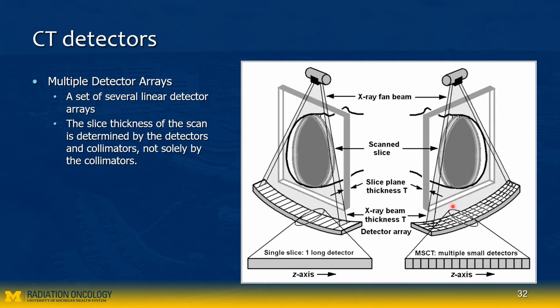So what it means is, say on your left, this is single slice, one long detector. This is actually the patient head. We're scanning the brain here. Then the X-ray source has a fan beam with a certain width. Then this detector here is a single detector. So that means you acquire one slice at a time. But on your right, you have a multi-slice detector.